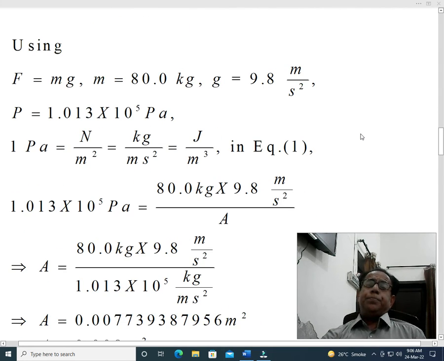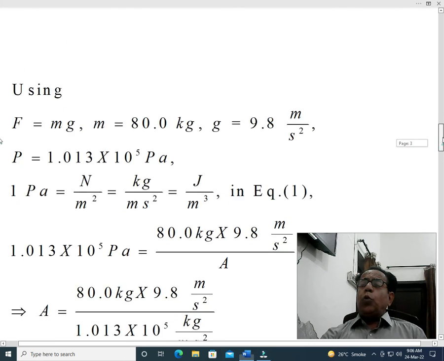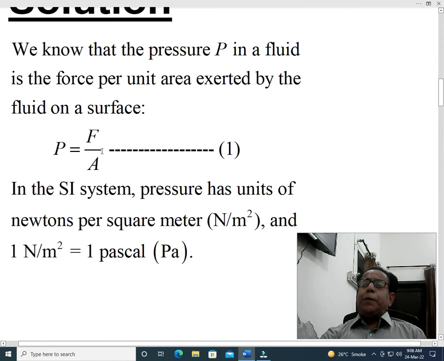Using F equal to mg, in this equation in place of F we will use mg. We will take value of P as constant from the table of conversion factors of pressures, and A is to be determined.